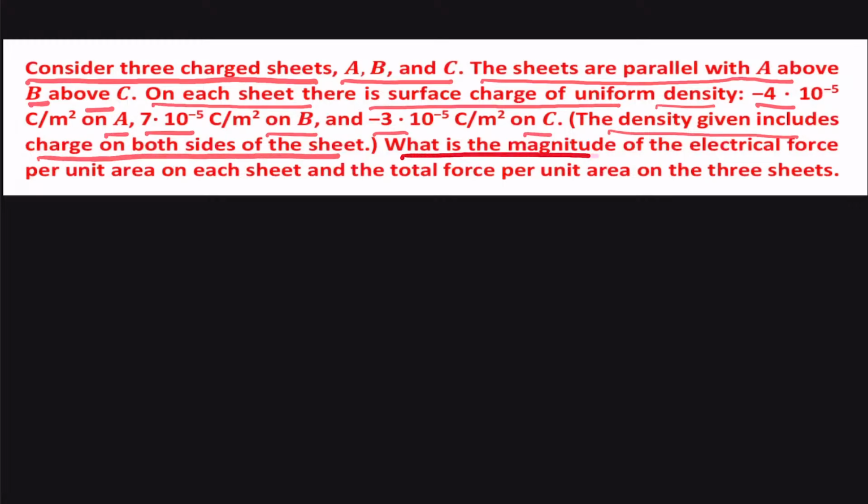What is the magnitude of the electrical forces per unit area on each of the sheets, and the total force per unit area on the three sheets?